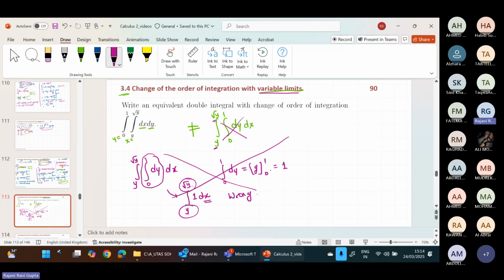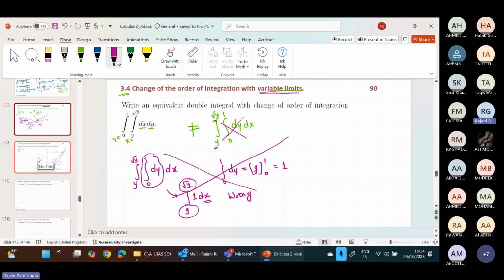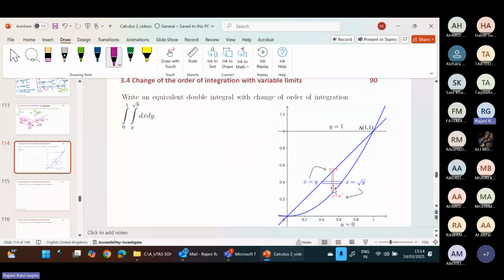So how do we work when the limits of integration are variable? As I said before, you have to draw the figure. So you will be drawing some figure like this. Here the order of integration is dx dy. The limits for x is from x equal to y to x equal to root y, and the limits for y is from 0 to y equal to 1.